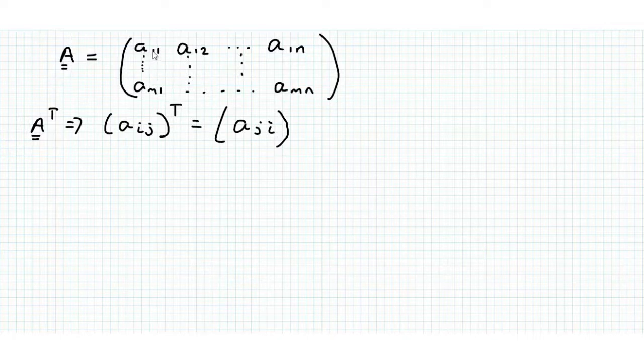So A11 just becomes A11 because you're swapping the 1 and 1 around. But A12 becomes A21. So this element moves here.